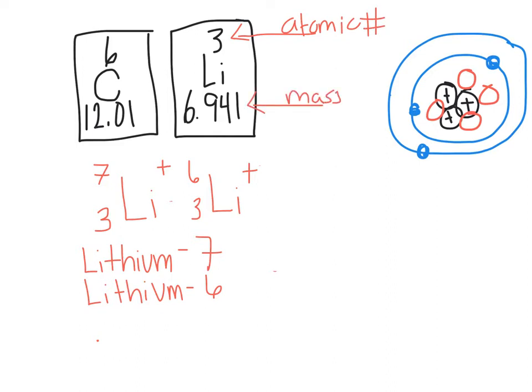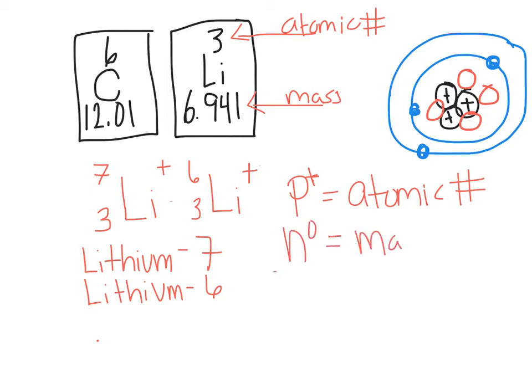Okay? All right, so as it turns out, protons are gotten from the atomic number. So protons, which are positive, directly affect the atomic number. Neutrons are usually mass minus the proton number. So in my lithium example right here, we'll just use lithium 7.